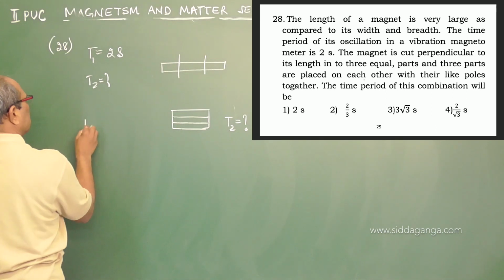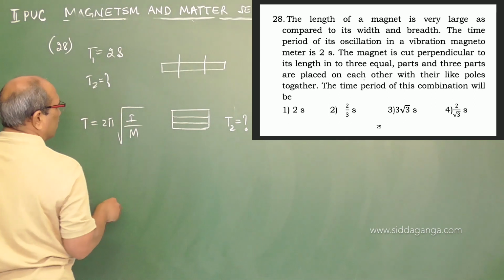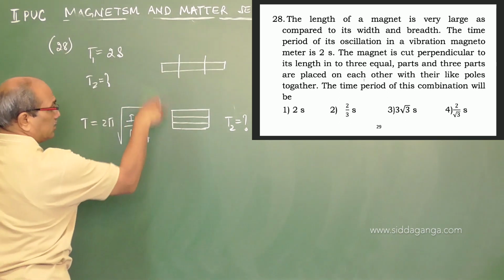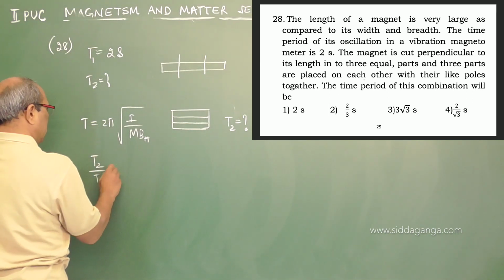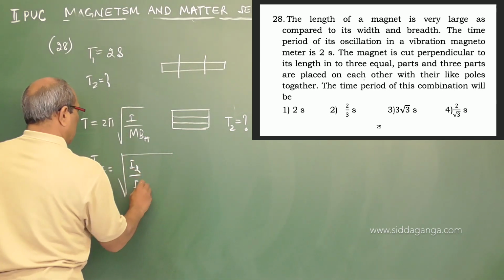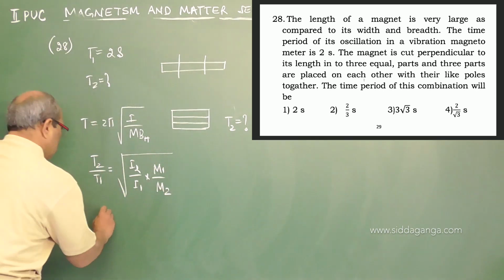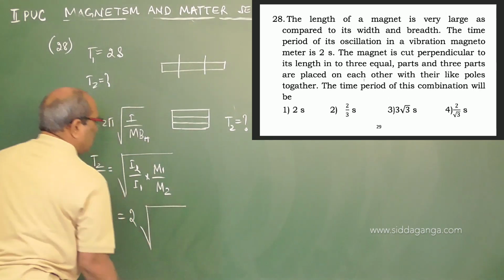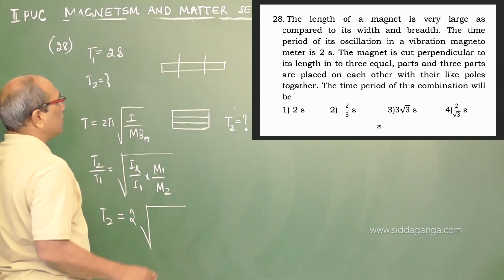The question arises: T is 2 pi root of I by M BH. Again, I and M are changing. At the same place, BH is the same. Then T2 by T1 means root of I2 by I1 into M1 by M2. This T2 we can calculate as 2 seconds into root of... unless we find I2 in terms of I1.